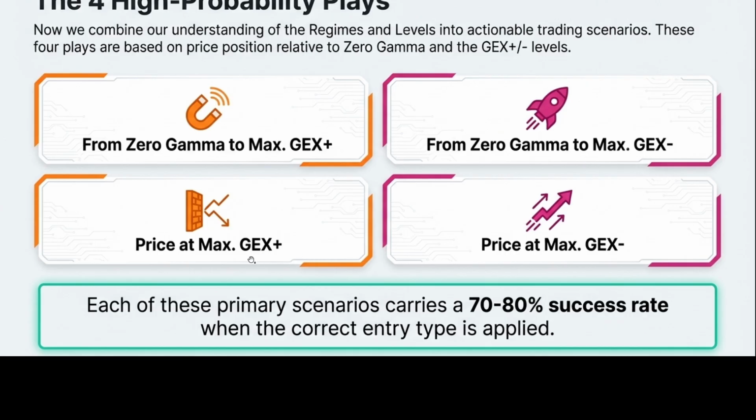The third is when price is in a max Gex level. This acts as a wall. We can try to find a reversal trade here when price is in the max Gex level, positive Gex level. And when price is at the max negative Gex level, I don't think that we have to treat this like a wall.